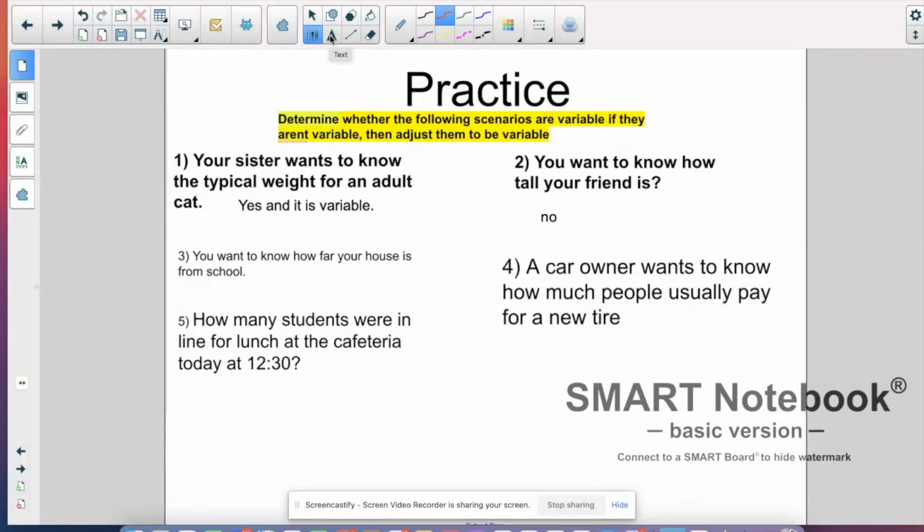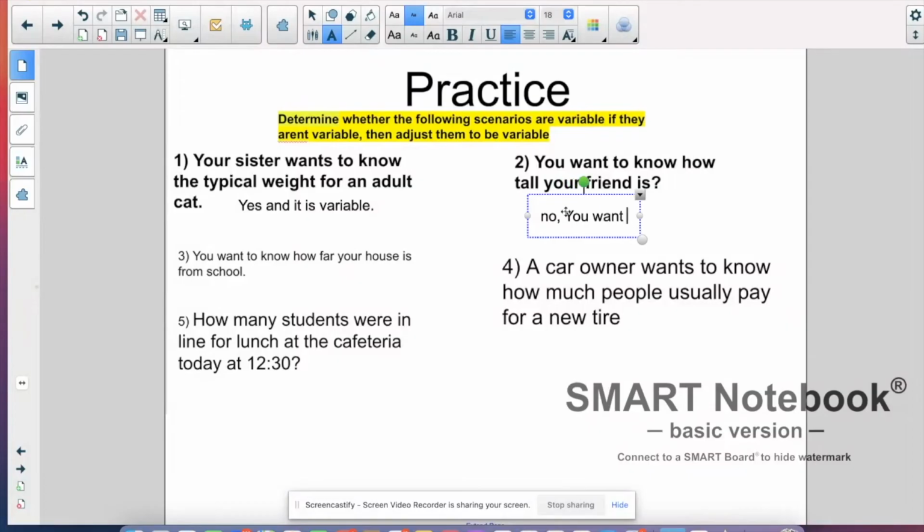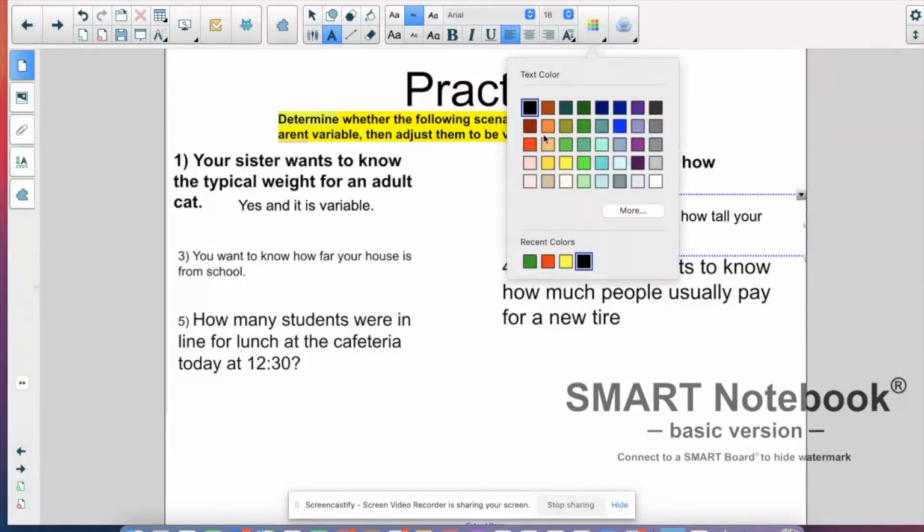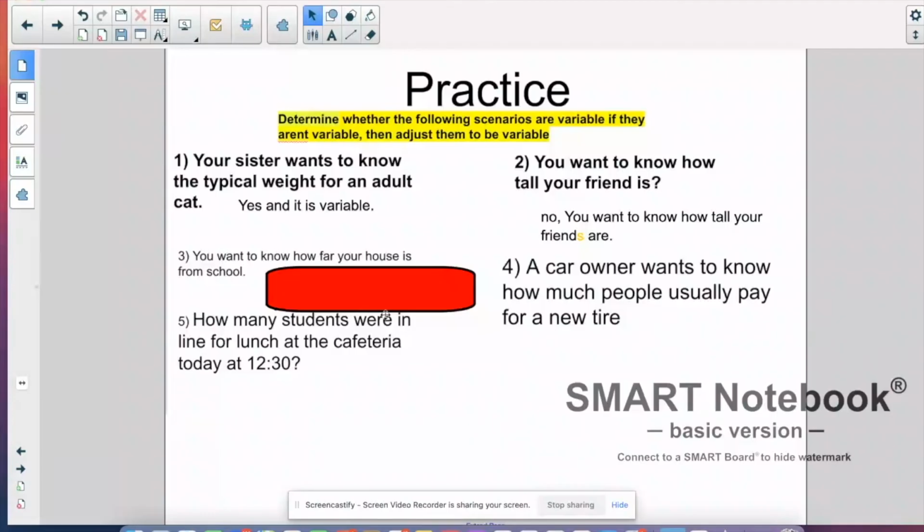And remember, we want our statistical data to be variable. So if we were going to rewrite this, you might say, you want to know how tall your friends are. See what I did there? Friends.